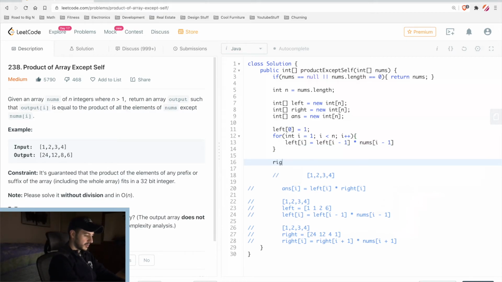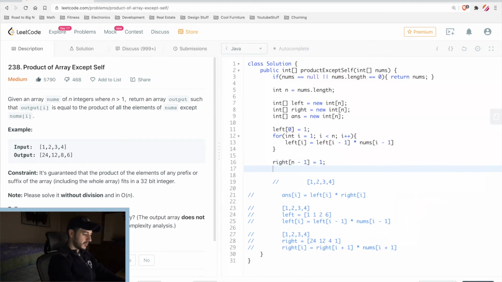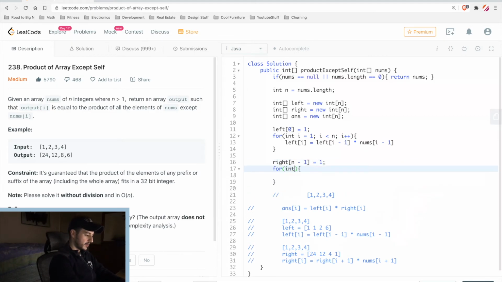And then similarly, we'll do the other side, so n minus 1. Start that off at 1. Here we'll be starting at n minus 2, because we're also safeguarding against this spot here. And we'll be saying, as long as it's greater than or equal to 0, i minus minus.